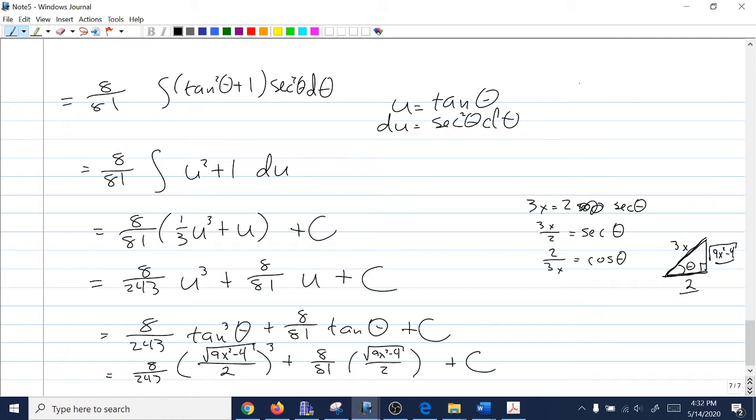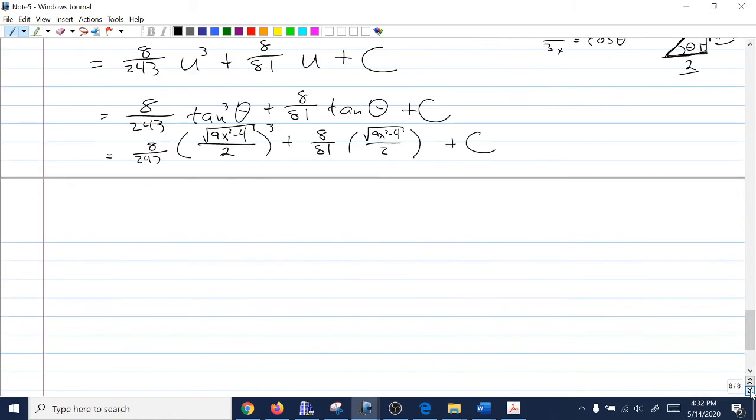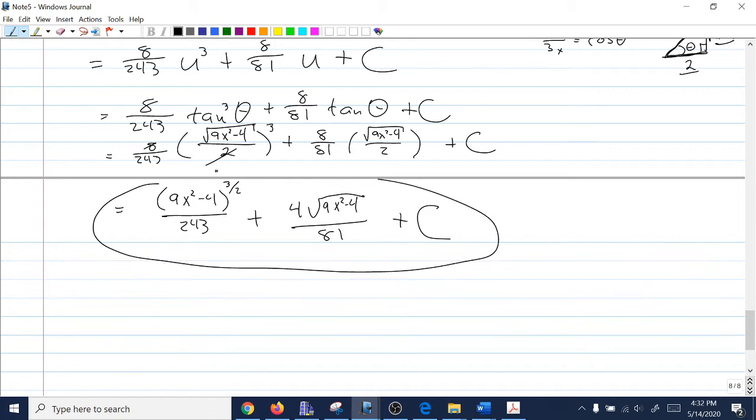These constants simplify enough that I think it's probably worth doing. This 2 cubed will cancel with that 8. I get 9x squared minus 4 to the 3 halves over 243. One of these 2s cancel, I get 4 root 9x squared minus 4 over 81. Plus a constant. Gross!